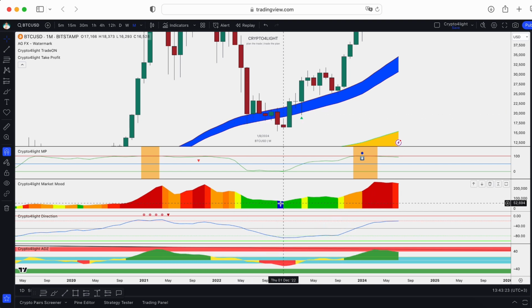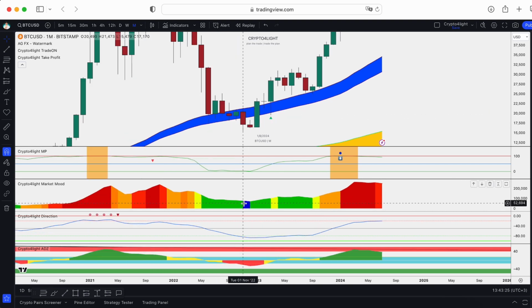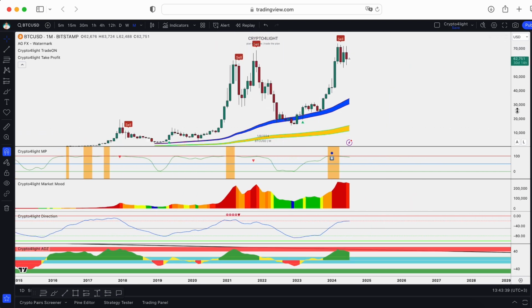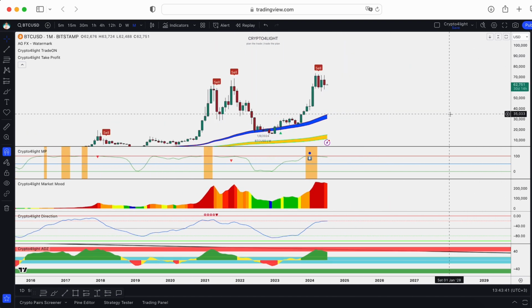FTX crash, disbelief zone on market mood, accumulation on ADZ, and signal to buy back at 19K569.